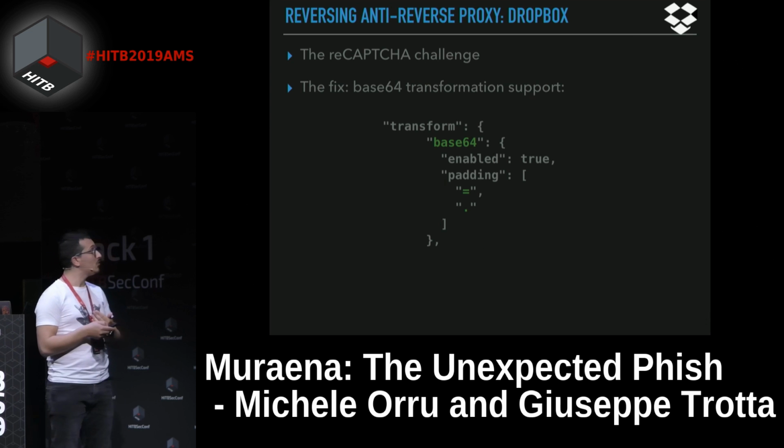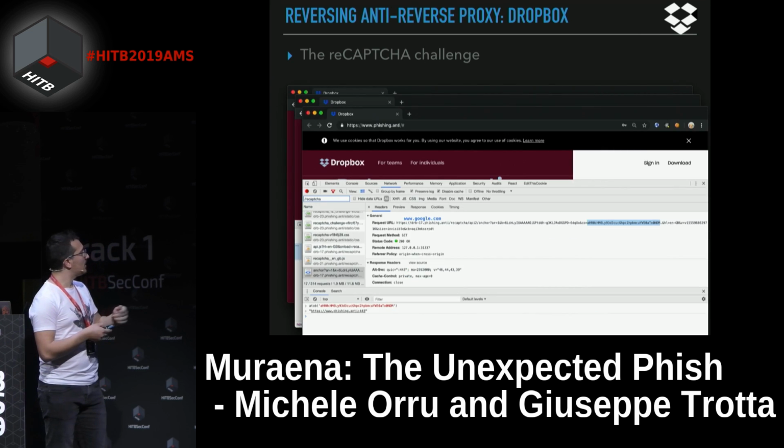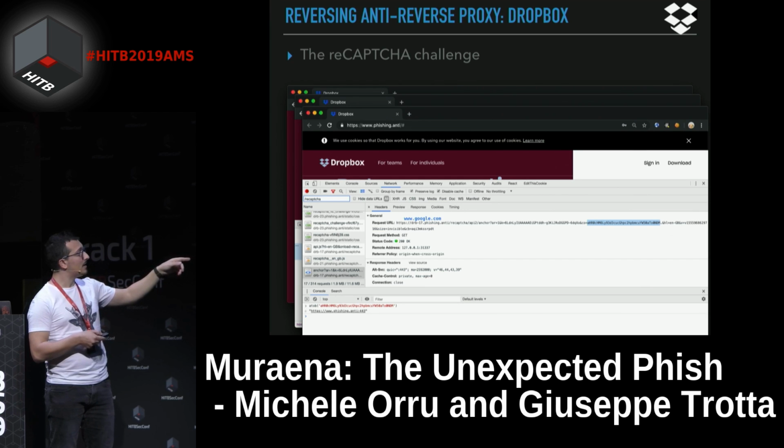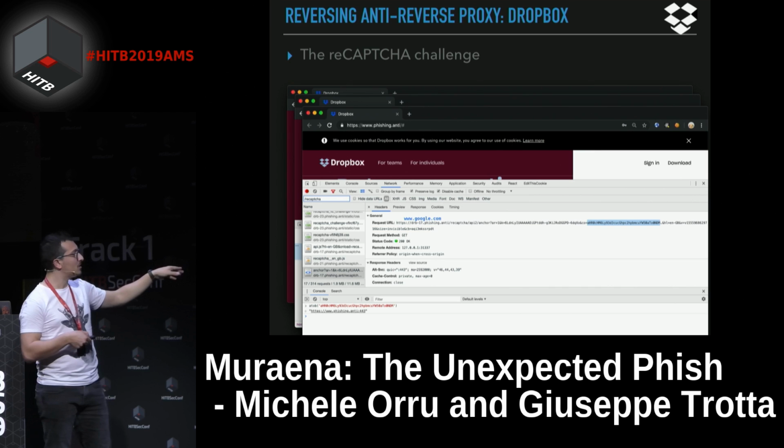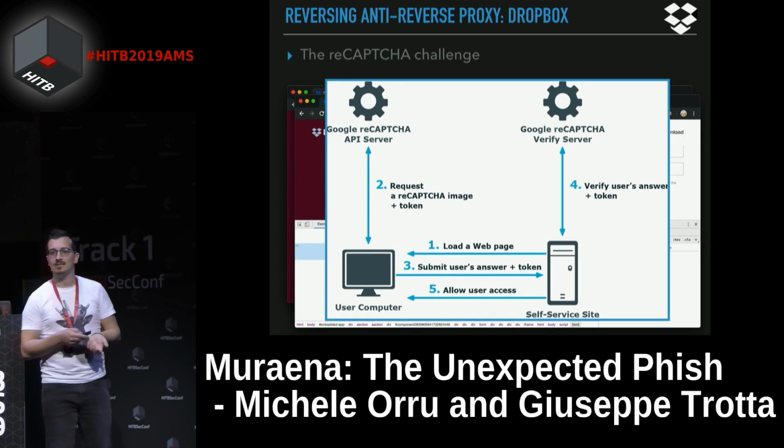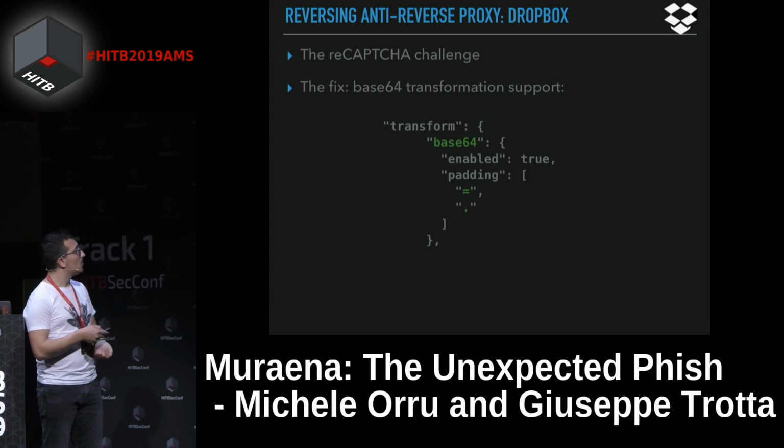So what we can do is basically translate in this way. If we go back, this domain is the phishing one. So we just changed this domain to Dropbox, and basically we decoded this value from base64, changed the domain to Dropbox, and then encoded again, and basically we bypassed the reCAPTCHA approach.